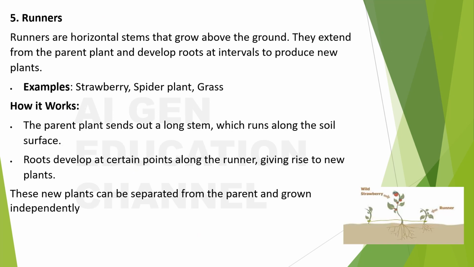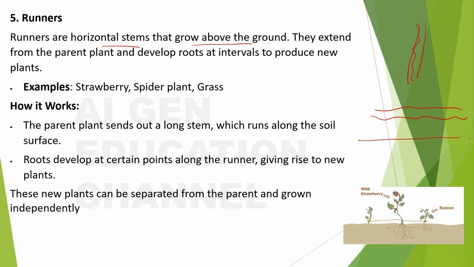Next would be runners. What are runners? Runners are horizontal stems that grow above the ground, right? Whenever you think about stems, you will think that they are vertical. No, these are horizontal stems that grow above the ground, not below the ground. They extend from the parent plant and develop roots at intervals to produce new plants.